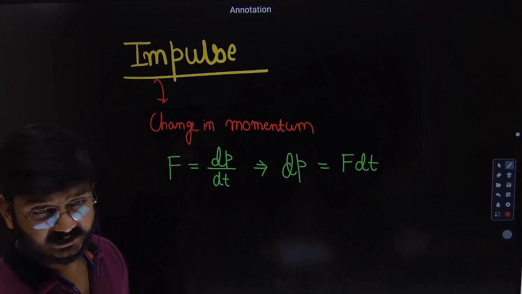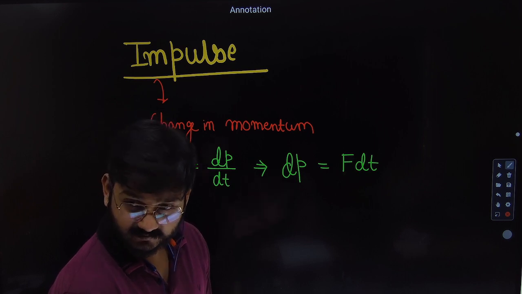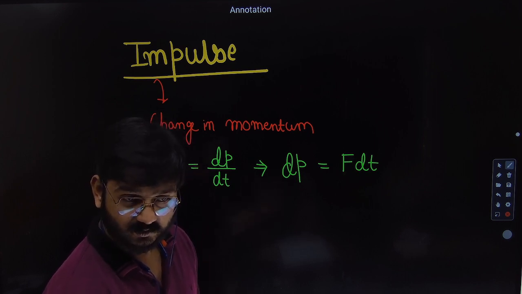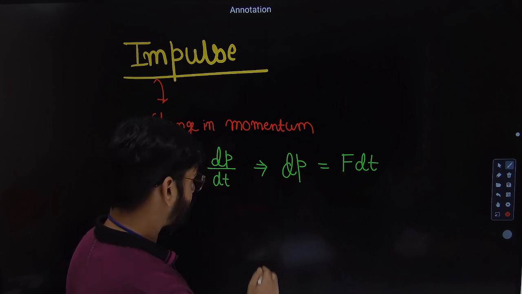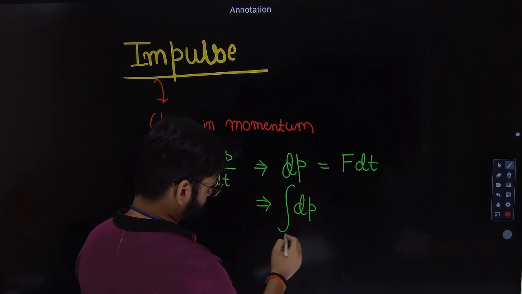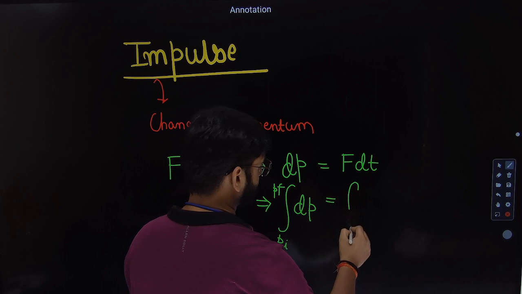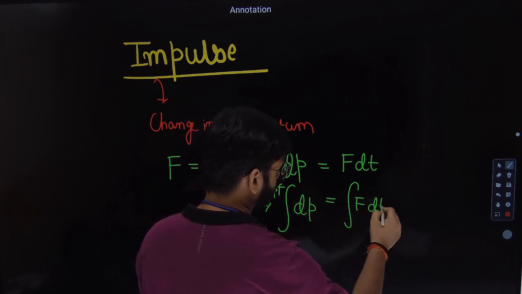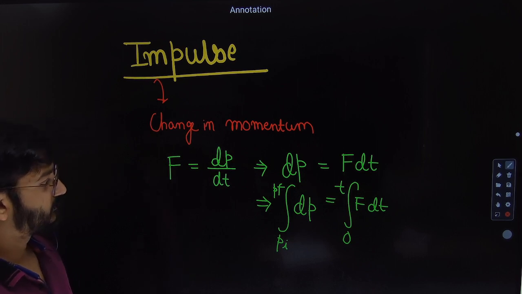Okay. F dt. So if you need to find what is the total change in momentum, so what is the mathematical tool for finding total? Integration. Any problem?